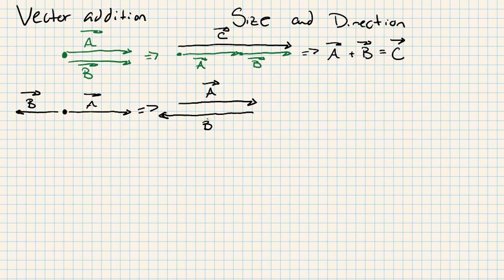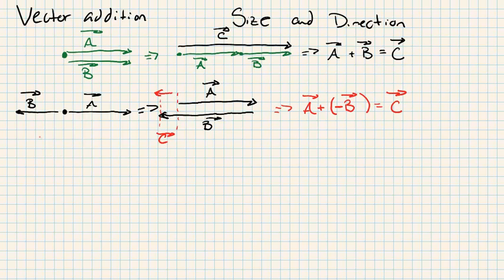And in this situation, I'm assuming that B is larger than A. In this case, our resultant vector is this space right here. That is C, and it is directed to the left. So in this situation, A, and you'd still add, it's still vector addition, but B is in the negative direction, so it's negative B, gives us C.